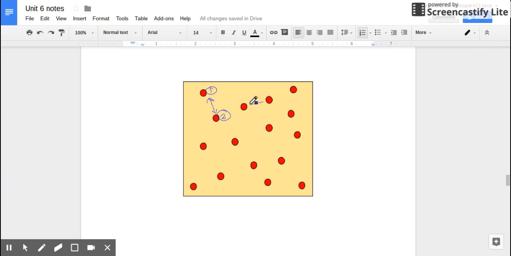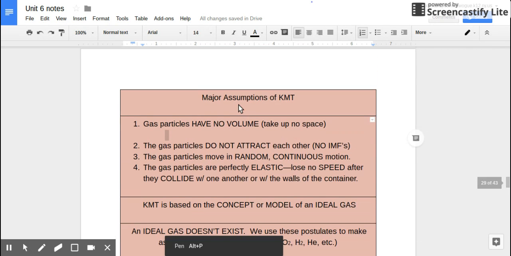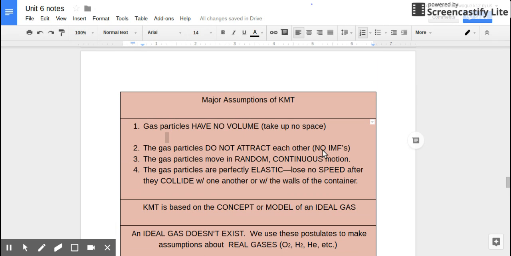Same thing with gas particle number 3 and number 4. They wouldn't attract each other at all, so they would spread out indefinitely, except for being held in place by this box. So that's the second postulate, we'll call it a postulate, of the kinetic molecular theory, that they do not have any attraction for one another.